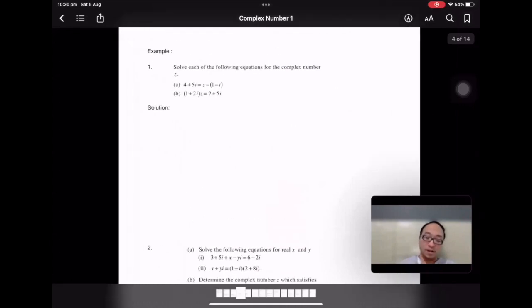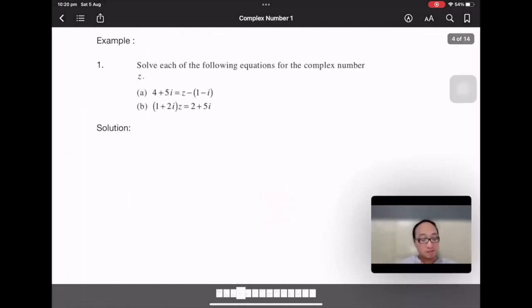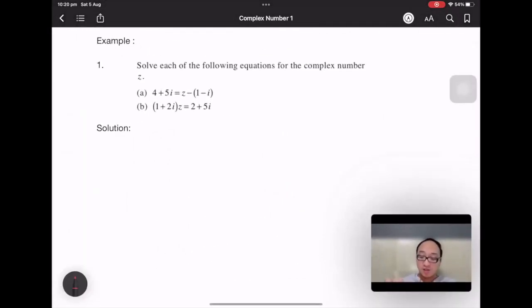Let's see the example. Solve each of the following equations for the complex number z. So for 1a, 4 plus 5i equals z minus 1 minus i.